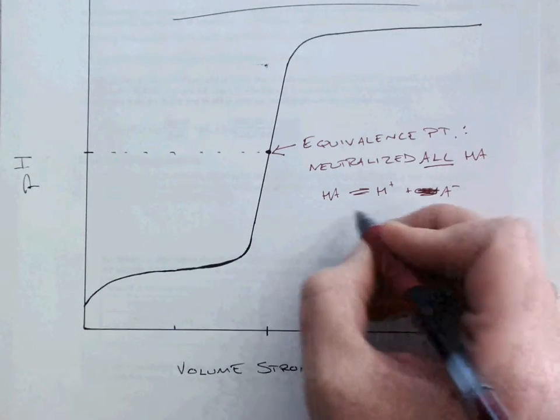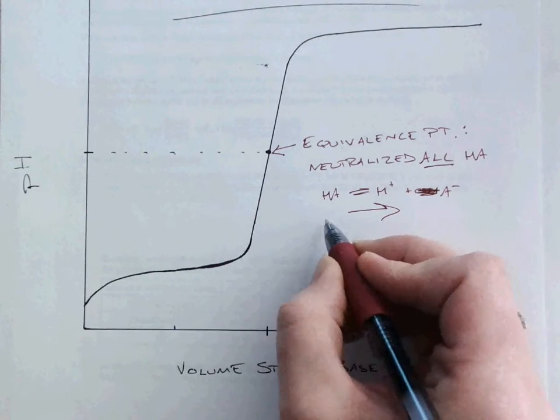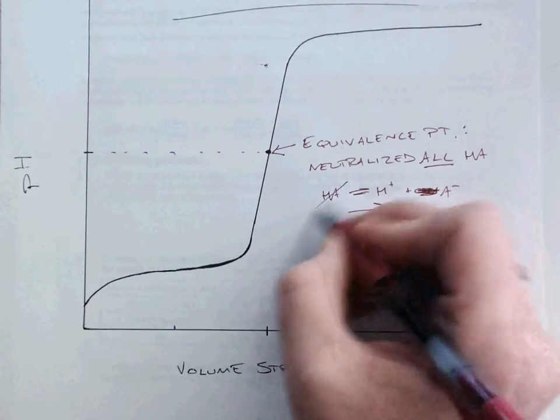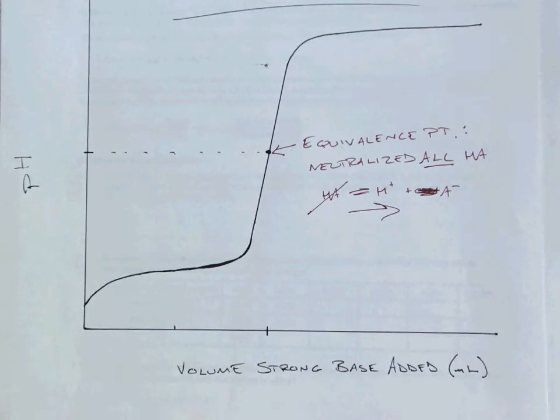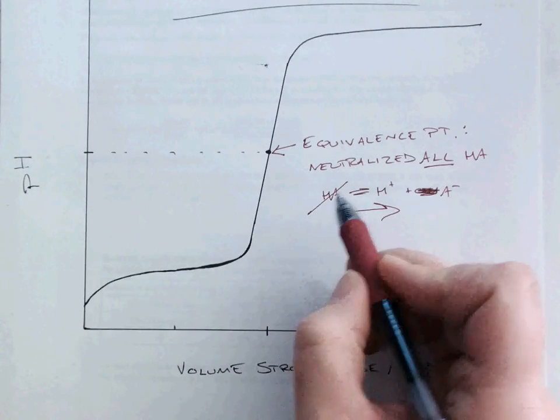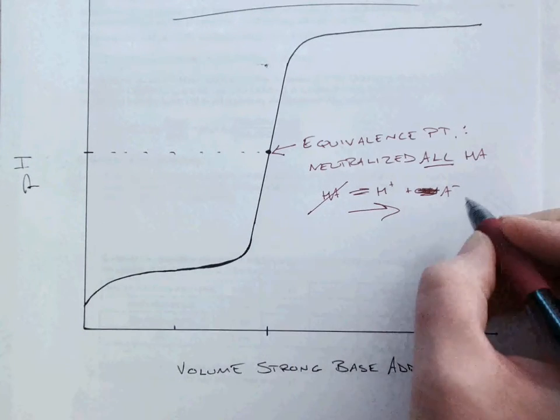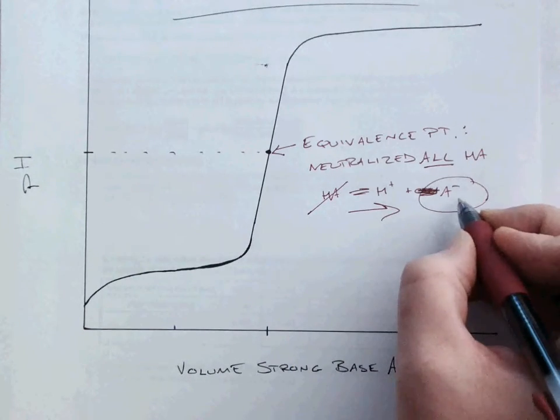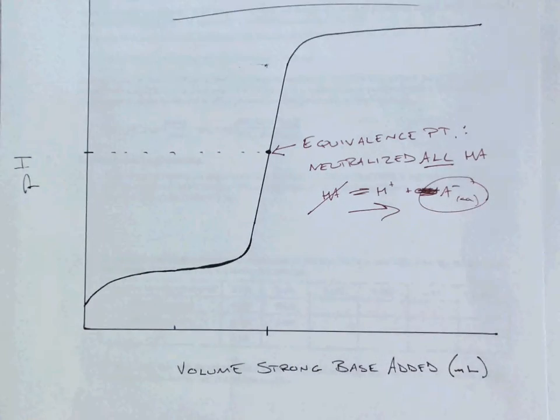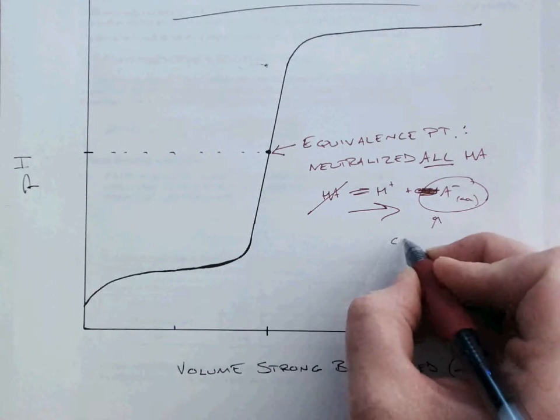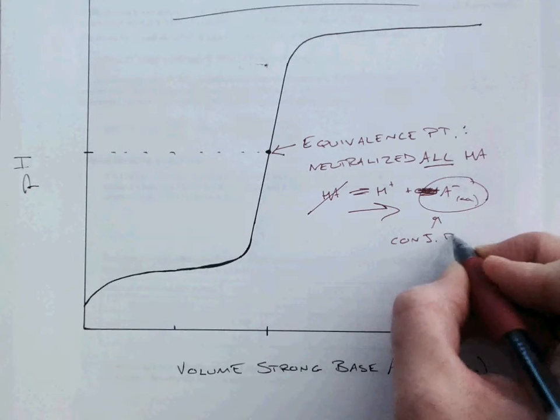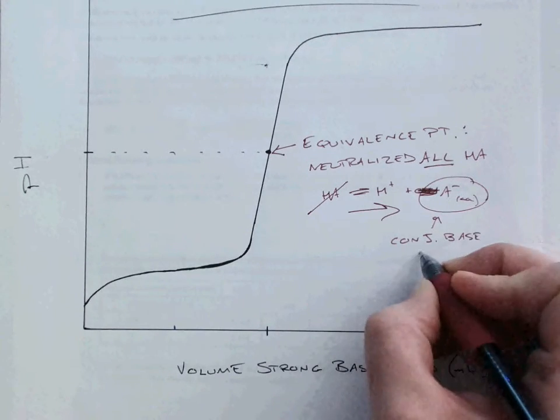You've driven this equilibrium to the right, to the right, to the right. You have none of this left. But with a weak acid, it's important to know that at the equivalence point, all the acid is neutralized, but you have all this conjugate base floating around in solution. Conjugate base is still left.